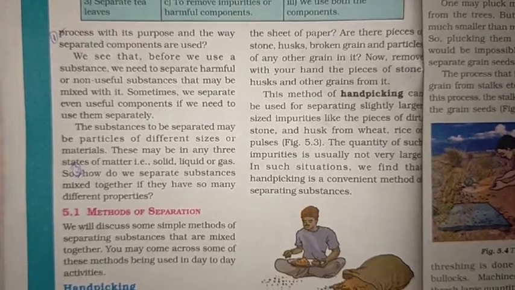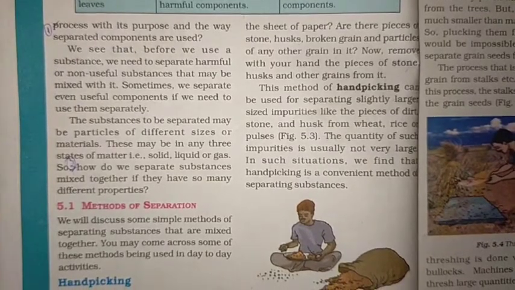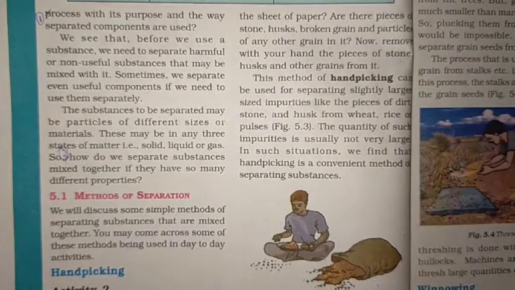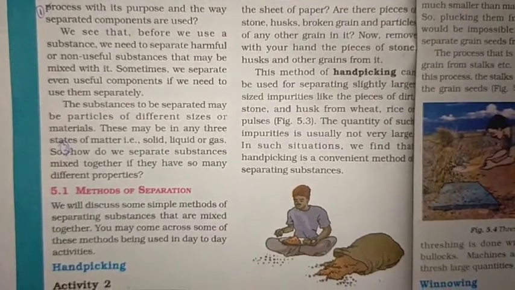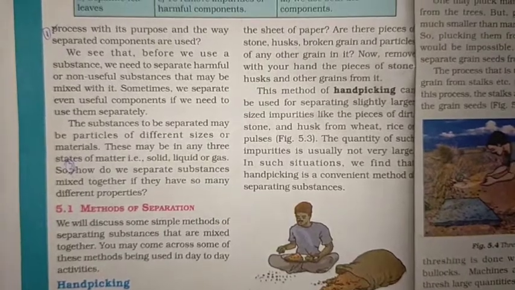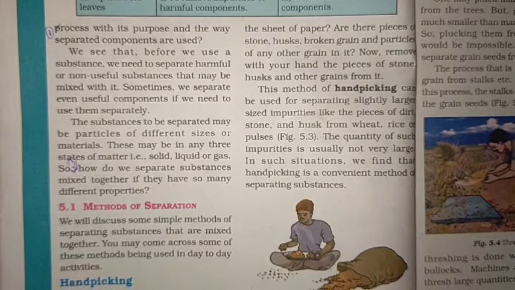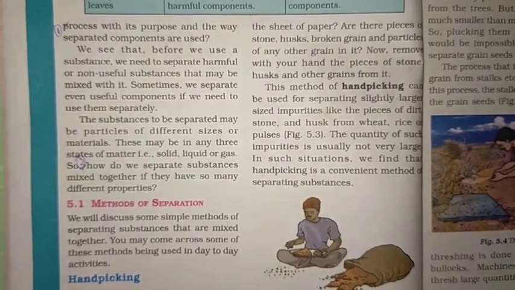A separation process is a method that converts a mixture or solution of chemicals into two or more components. Before using a substance, we need to separate harmful or non-useful substances that may be mixed with it.